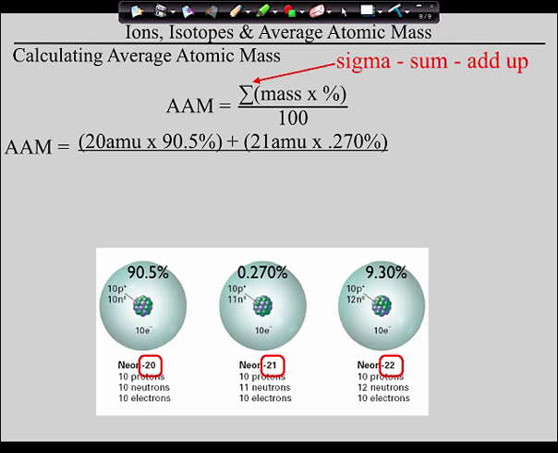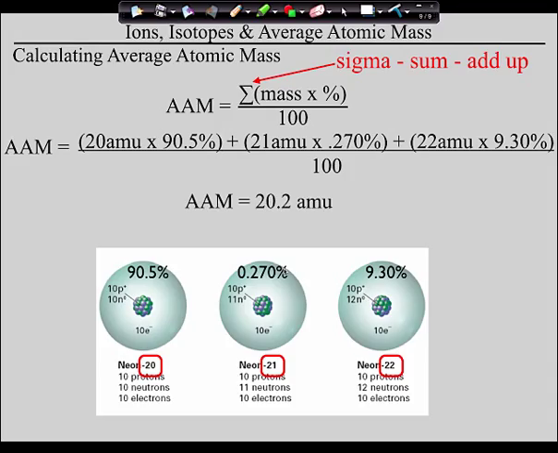So now we've got 21 AMUs times 0.27%, and then to that we are going to add 22 AMUs times 9.30%, and we're going to divide that by 100. Now guys, assuming that you've become one with your calculator, when you do all the math, it works out to 20.2 AMUs. That's the number on the periodic table to the accuracy of the problem.